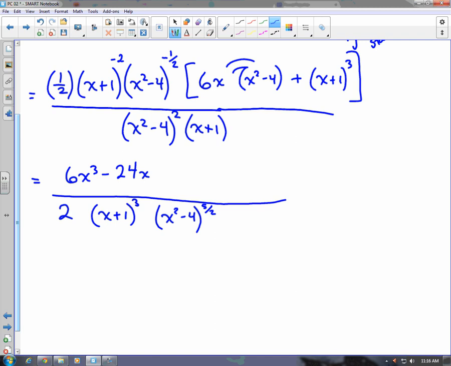If you remember binomial theorem from 30-1 at the end there, shake out the cobwebs a little bit. It's going to make a nice Pascal's triangle kind of row, right? 1, 1, 1, 1, 2, 1, 1, 3, 3, 1. So this is going to give us a 1, a 3, a 3, and a 1.